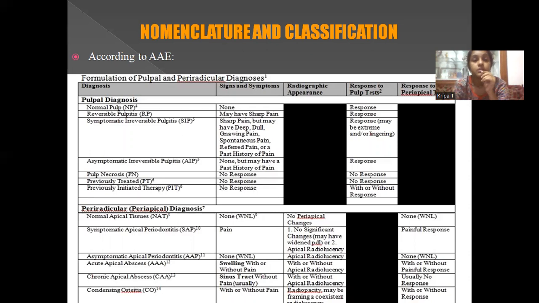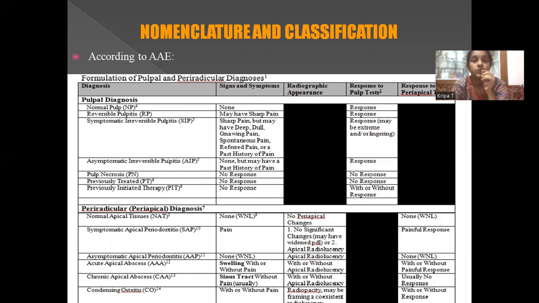Then you have irreversible pulpitis. That too can be symptomatic. There is sharp pain, which may be deep-seated, dull, gnawing, spontaneous, or referred pain. The pulp test will respond, but the pain will linger for a long time.